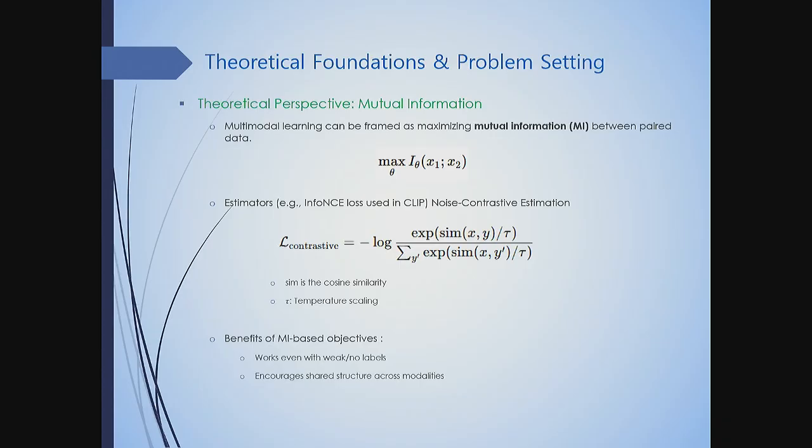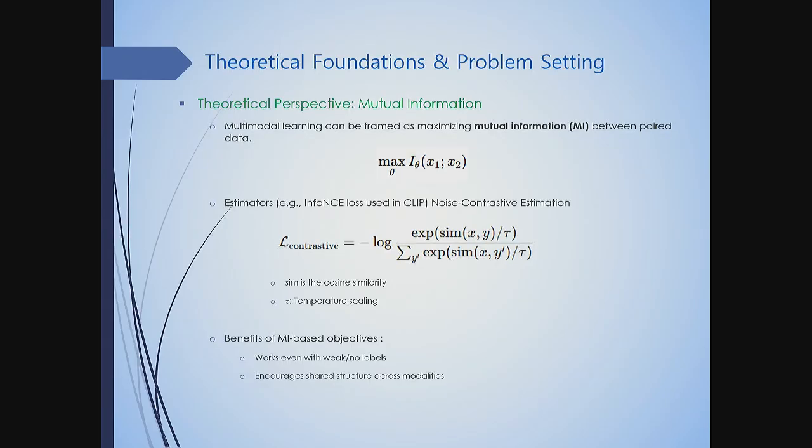So theoretically, there is mutual information. The mutual information can be framed as maximizing the information between paired data. So if I have modalities X1 and X2, the first thing when you want to make a multimodal model is that you need to extract the maximum intersection between the two.